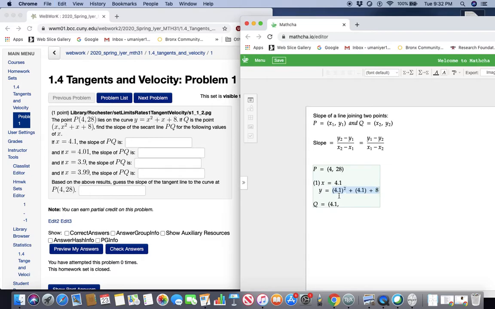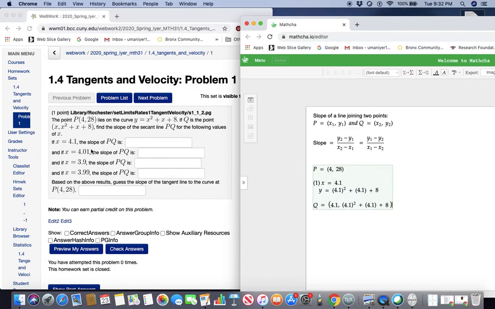Okay. So notice one advantage of WebWork is that I don't have to calculate anything. I just write down these expressions and then play with it. So how do I find the slope from P to Q? Well, y2 minus y1 over x2 minus x1.